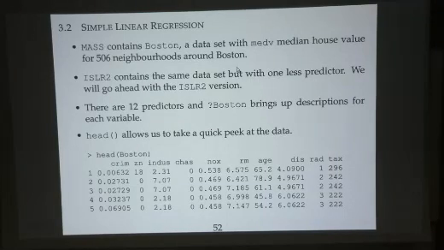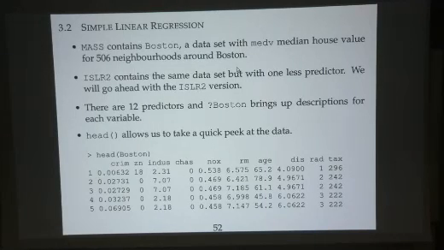There are 12 predictors, and there is a description of those predictors in the housing data set.